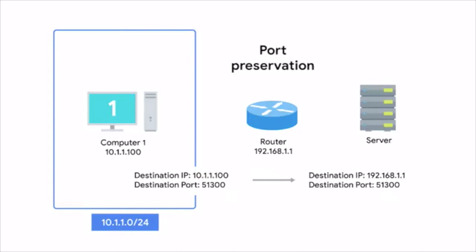But it leaves the source port in the TCP datagram the same and stores this data internally in a table. Now, when traffic returns to the router on port 51,300, it knows that this traffic needs to be forwarded back to the IP 10.1.1.100.